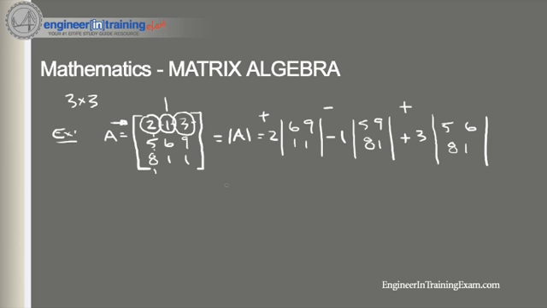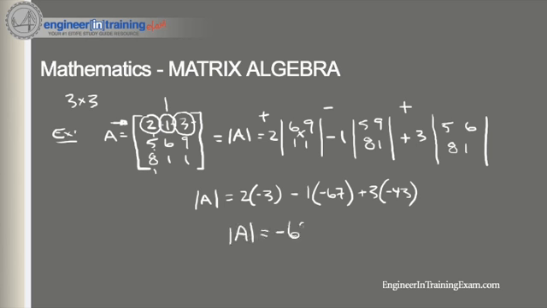So all we need to do now is use our general form for the determinant of a 2x2 matrix, which is A times D minus B times C, for each one of these, add them up, and that's our determinant. So the determinant of A is equal to 2 times negative 3, minus 1 times negative 67, plus 3 times negative 43, which ends up being the determinant of A is equal to negative 68.